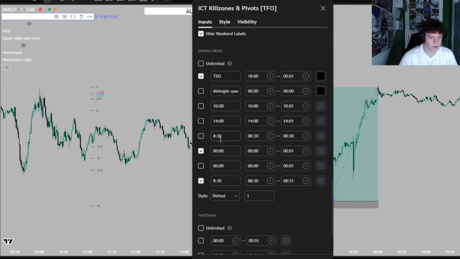These will give you the levels that I use to catch crazy R trades. You can use 10 too. 10 a.m. open is also a very good price point to enter back in on if you see a resweep there.